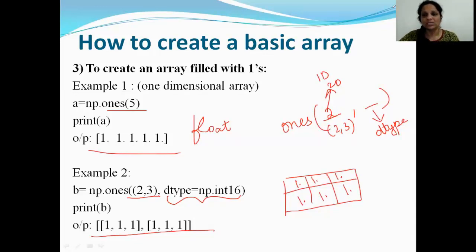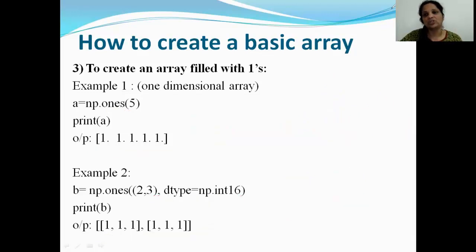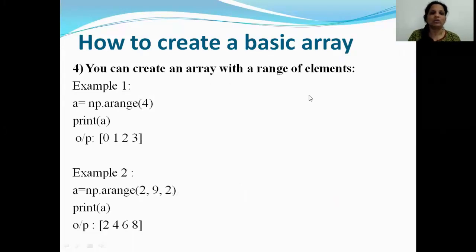The next method is somewhat similar to the range function that you have learned earlier, okay? The next method is called the arange function. The arange function actually allows you to create elements in the given range. If you remember the range function that you used with the for loop, if you write range 8, what does it do?